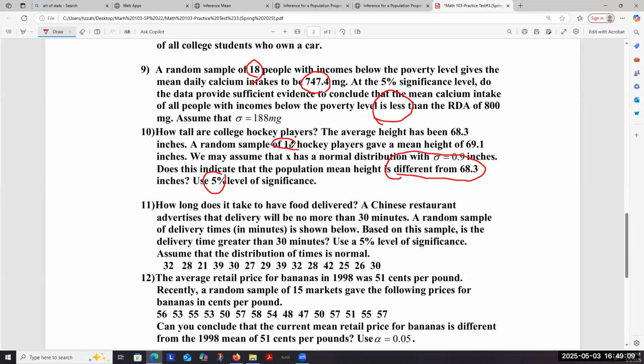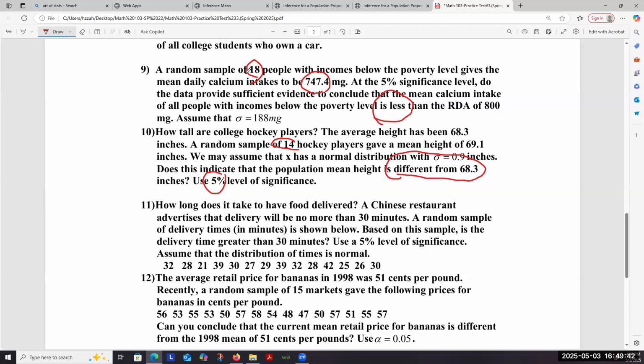So that's it: sample size 14, sample mean 69.1, population standard deviation given as 6.9. And you want to check it at the 5% level of significance to find out if the height of the population of all hockey players is different from 68.3.